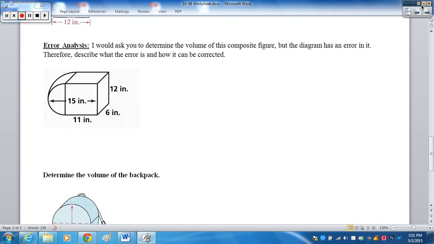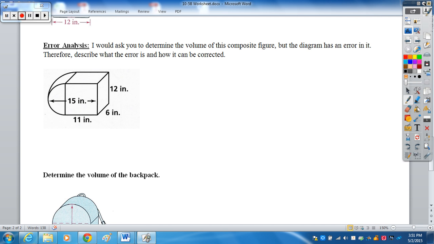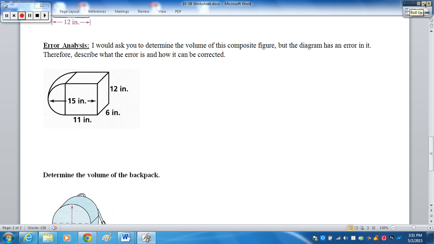Now you can actually come at this error from two different directions, and we can talk about both. One way is if this is 11 inches and this is 15 inches, then the difference from 11 to 15 is going to be 4 inches. So the radius of my circle is going to be 4 inches.